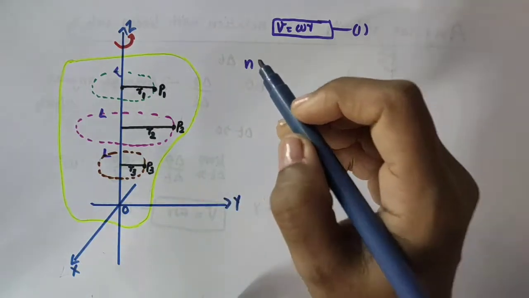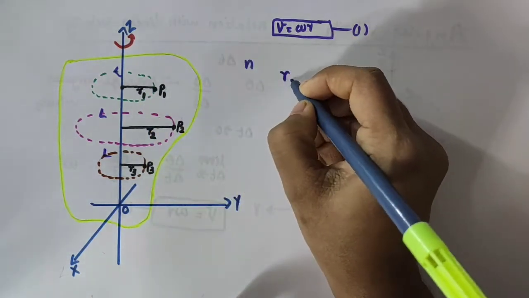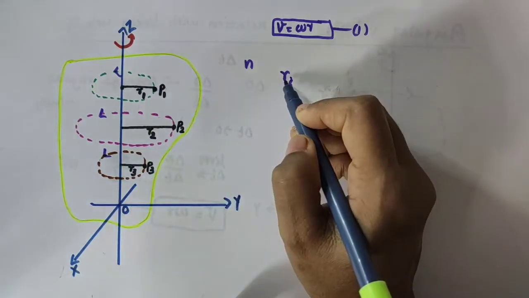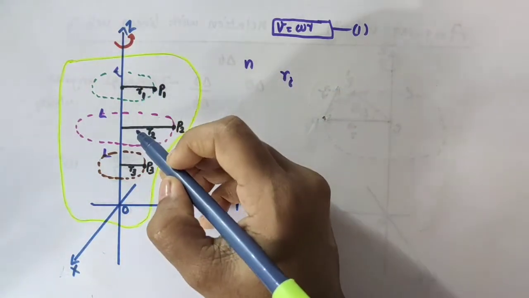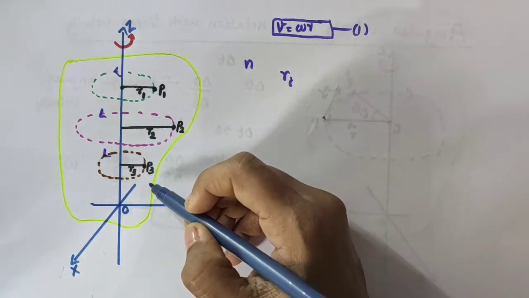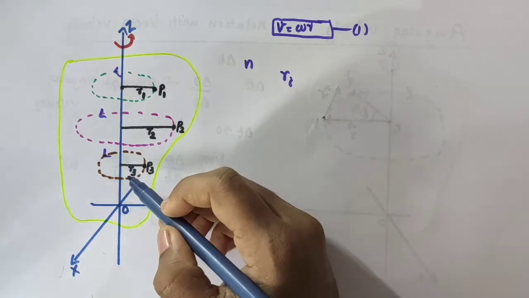Thus, for a particle at a perpendicular distance Ri from the fixed axis. Why Ri? The radius is different for different particles at different points on the body, no? Here the radius is R1, here the radius is R2, here the radius is R3.